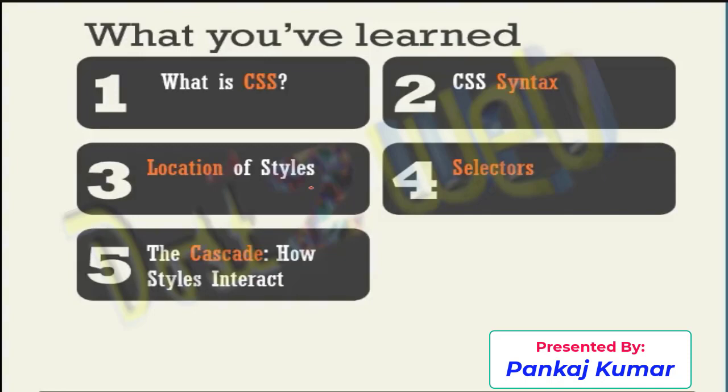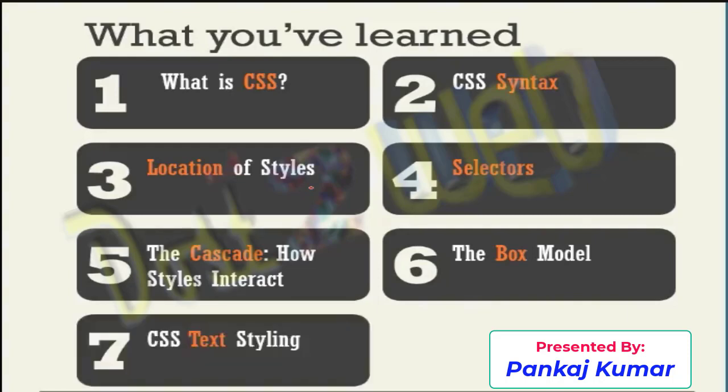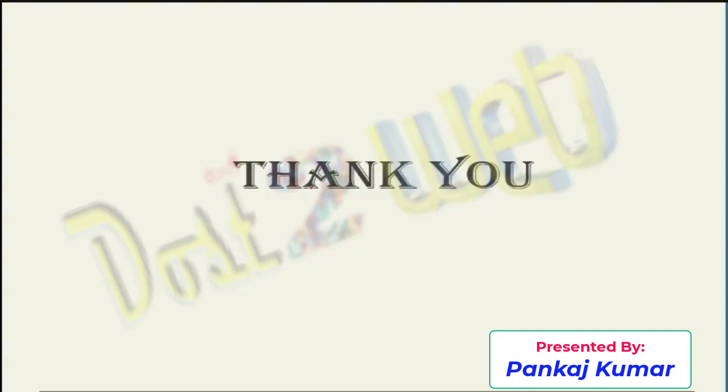We spoke about how the cascade interacts with your style sheet. Then we talked about how you can define the box model, and how you can style text properties in CSS. And that's all for the first unit. We have completed the first module, that is HTML and CSS. Thank you.